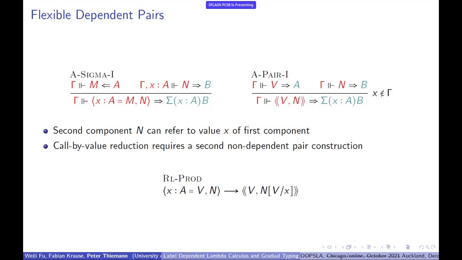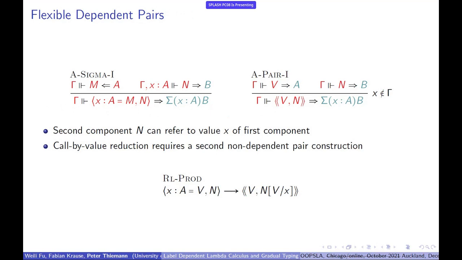So here I have such a dependent pair, and the idea is, of course, if I say x : A is M in N, then essentially I would like x to occur in N. In call by name, that's not so much of an issue. In call by value, it is actually an issue, because the point is what happens once you're at this point here, once you've reduced the first component to a value.